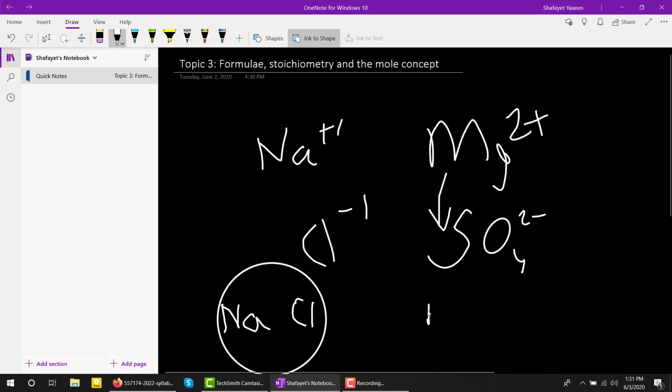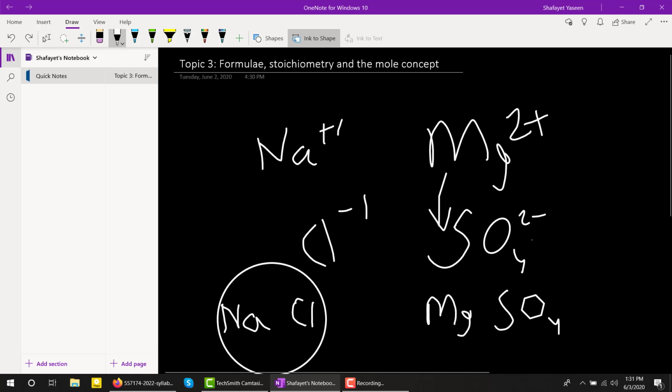So as I said before, just write down the components of the compound. SO4. Alright, this is a pretty neat hexagon we have here.